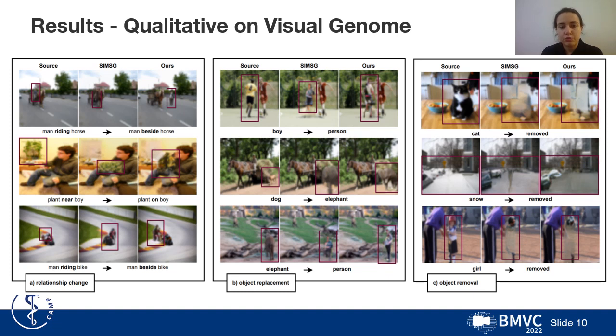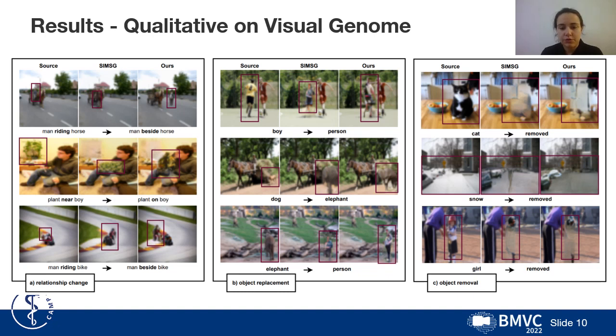Here you can see some qualitative results of our method on three different manipulation modes on the Visual Genome dataset. These manipulations are either relationship changes or object replacements, where we replace an object with another object, or object removal. You can see some examples, and if you look, you can see that the new generated images have higher quality from our method compared to CMSG.